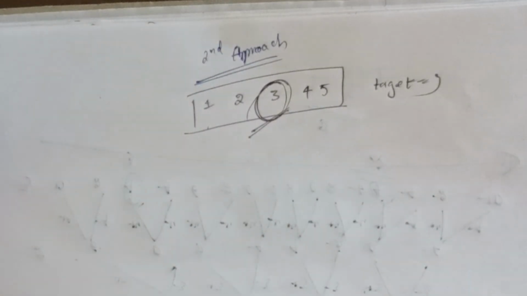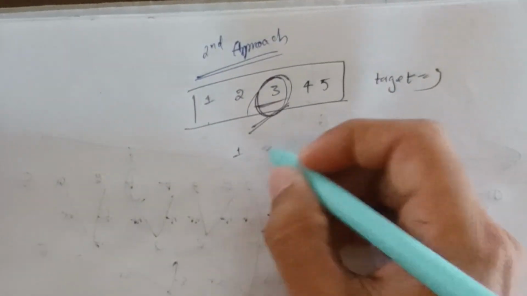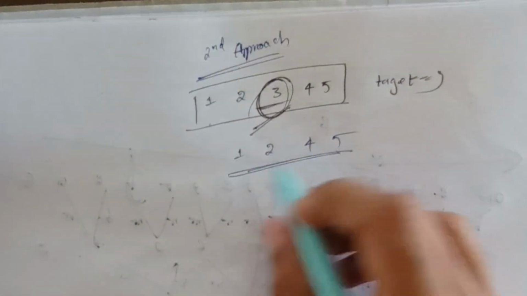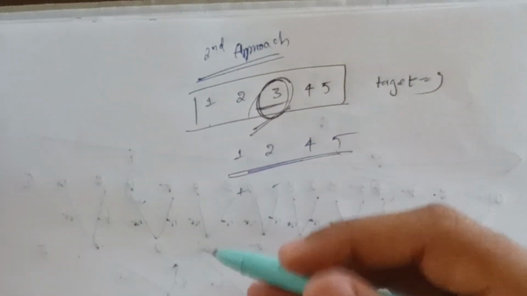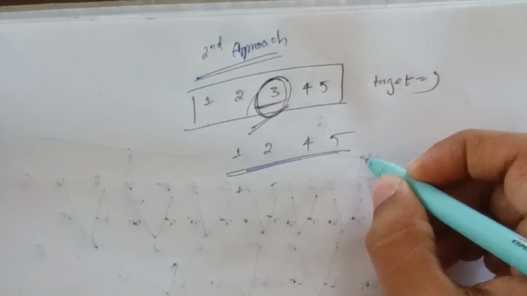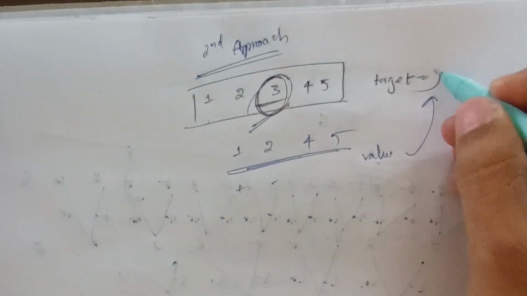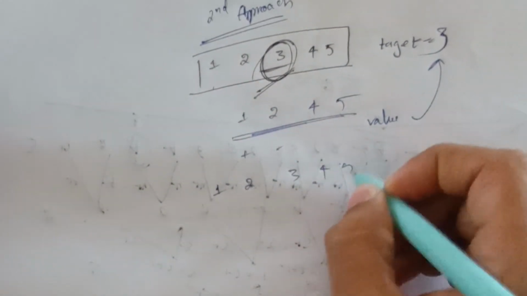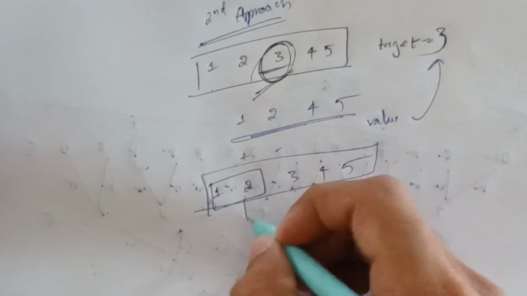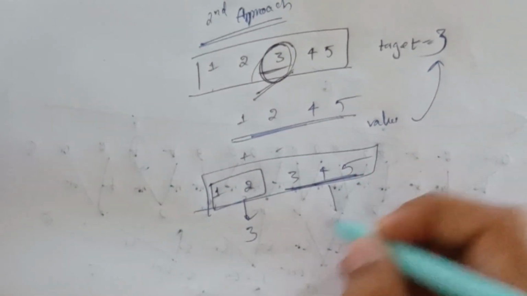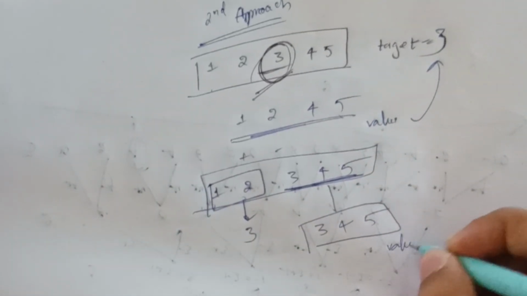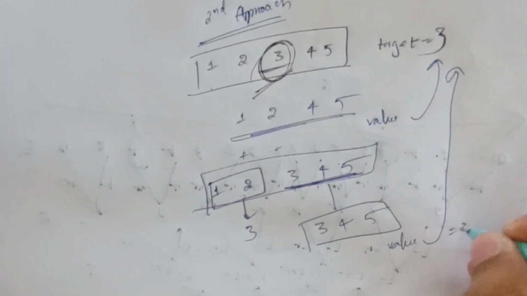If you search for this 3, then we get the remaining numbers as 1, 2, 4, 5. Even if you take 1 and 2, it is 3. But from 3, 4, 5, we cannot get an expression which evaluates to the target 3.